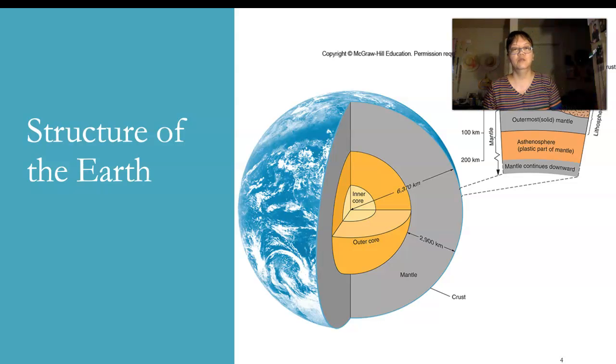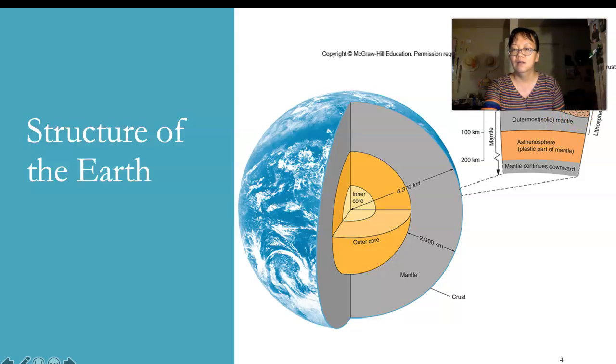If we look at the structure of the Earth, it has, I would say, mainly three layers: the outer very thin layer, the mantle, and the inner core. Here, I want you to look at the right side of the slide and pay attention.